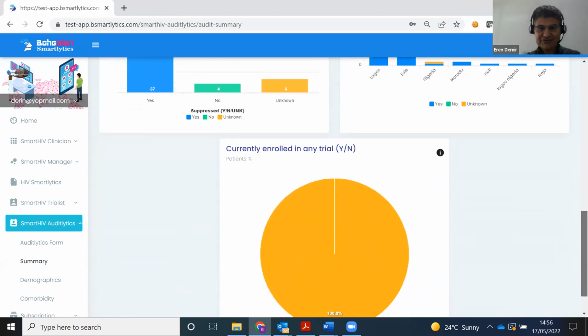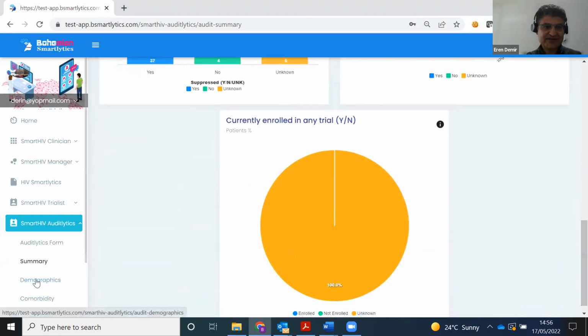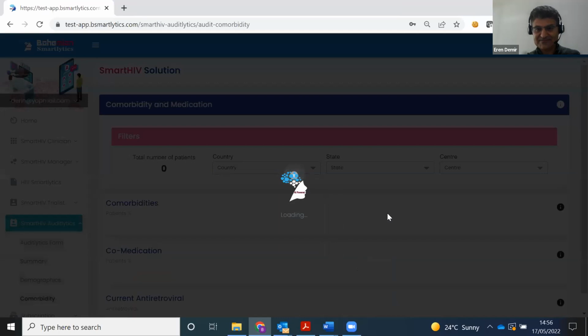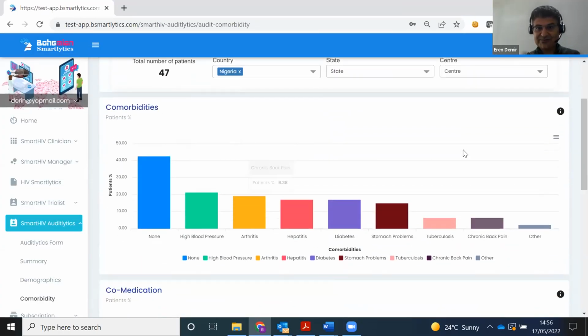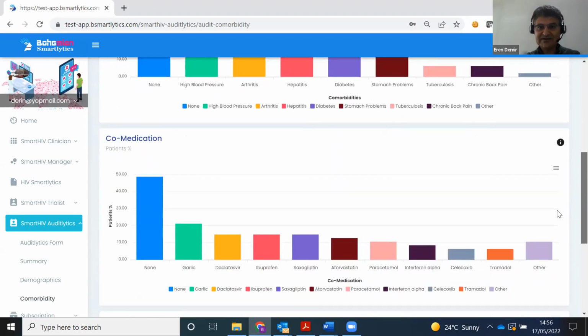And there's lots of information around, for instance, their comorbidities. This is quite important because I can then keep track of all the comorbidities that my patients are facing. Their co-medication, for instance, is again something we need to keep track of.